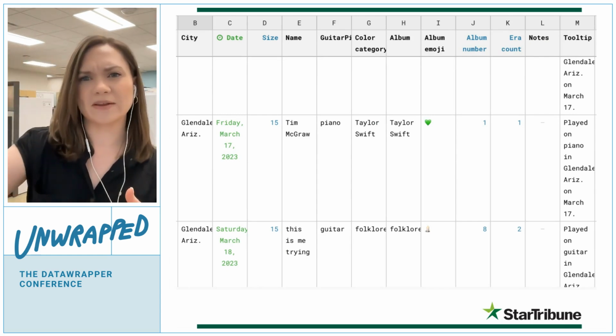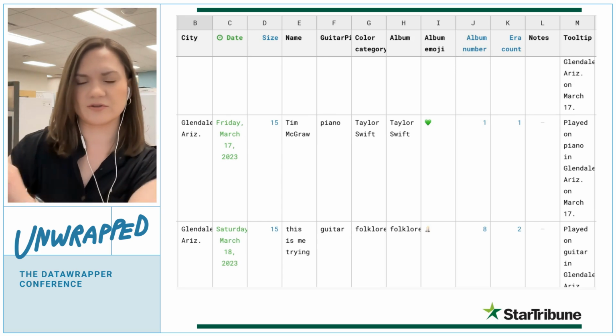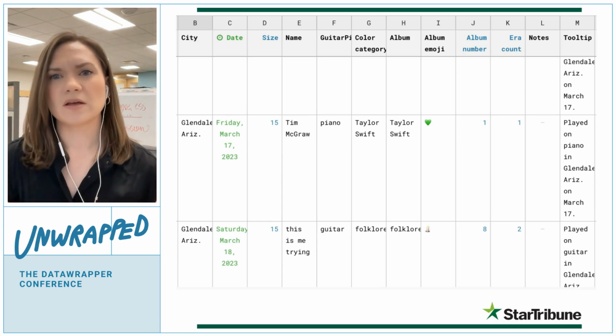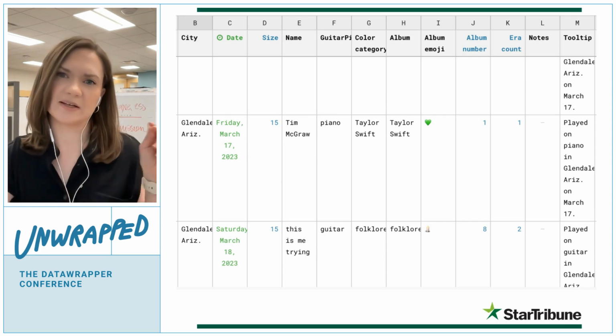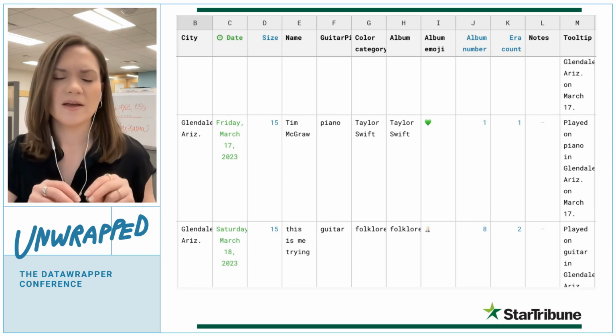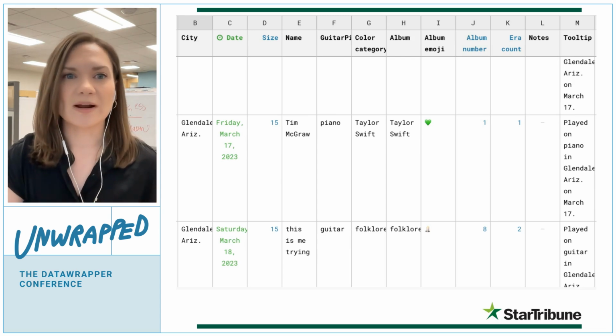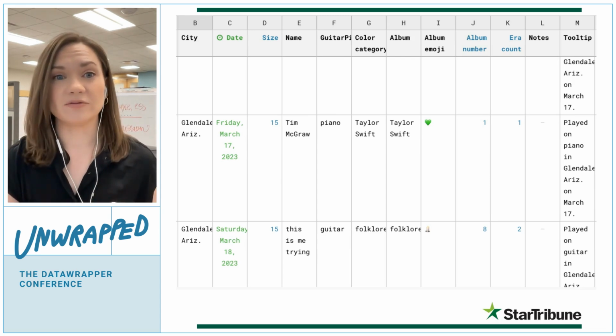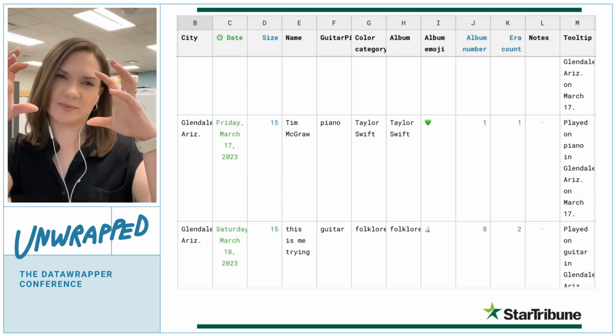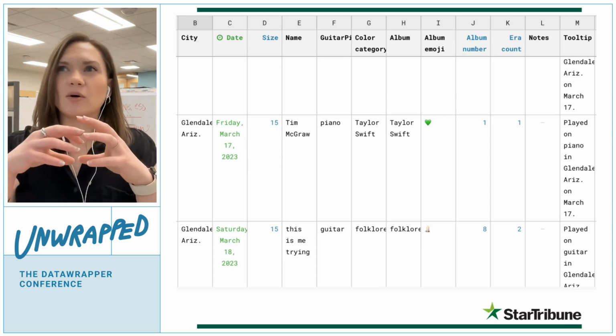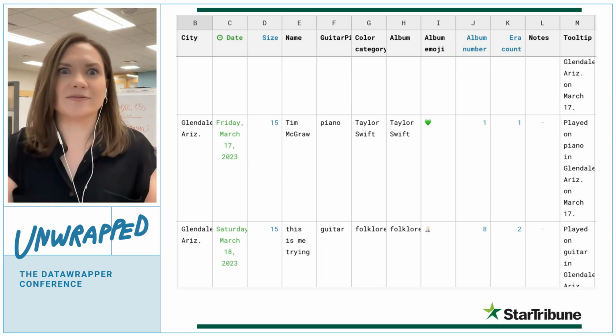So this album number and the era count, which is to the right, is what is defining each of the axes technically. And then the size column is what I had to add later once I tried to figure out how to do that legend. I realized that I wanted the legend to be smaller, so I had to set some kind of size parameter.